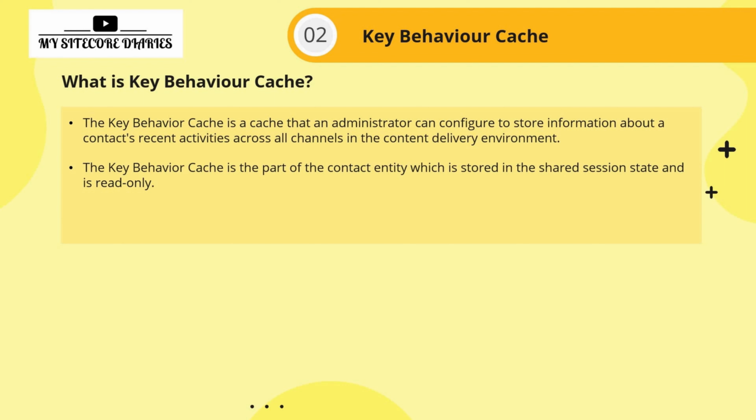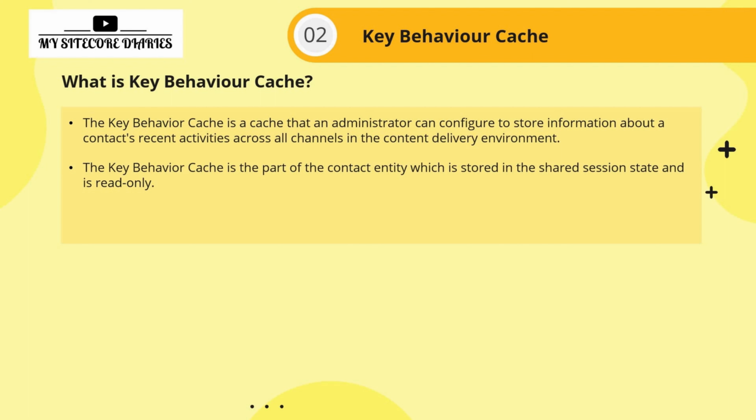You must be aware that Sitecore uses the shared session state and the private session state for storing the interactive data. So all the data does not go directly to the xDB. First of all, it is stored in the session. There are two types of sessions: shared session state and private session state. We will have a separate video on what is stored in each. But remember now that this key behavior cache is a part of a contact entity.